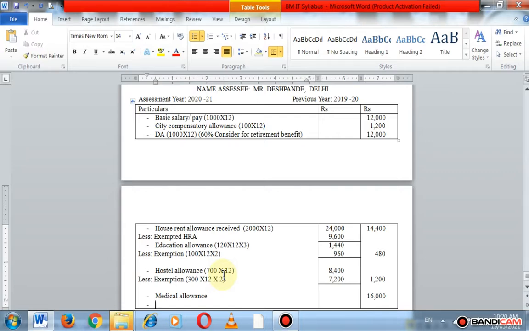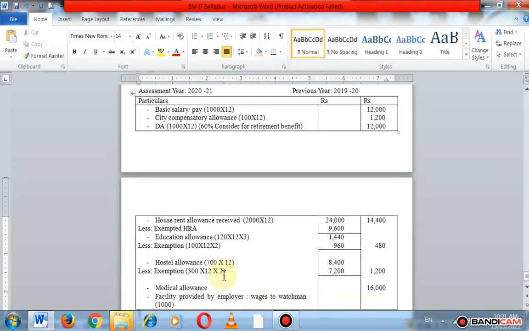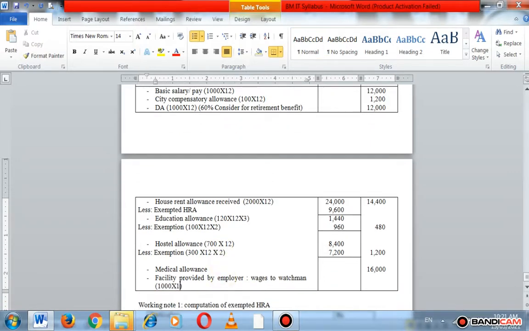Here, the first point is the facility provided by the employer, which includes wages to the watchman, at 1,000 per month multiplied by 12.